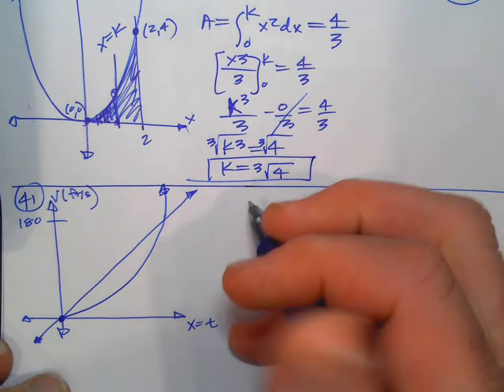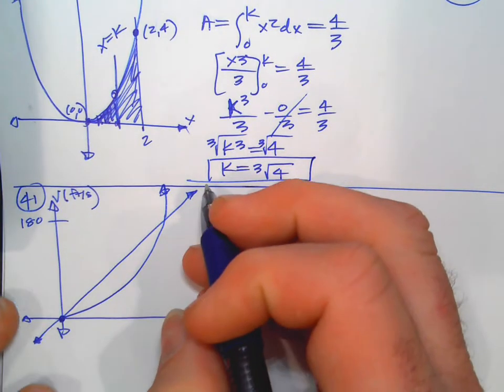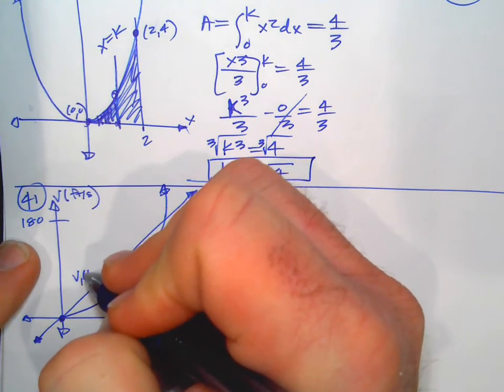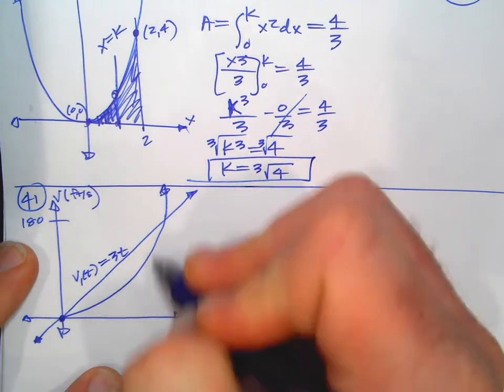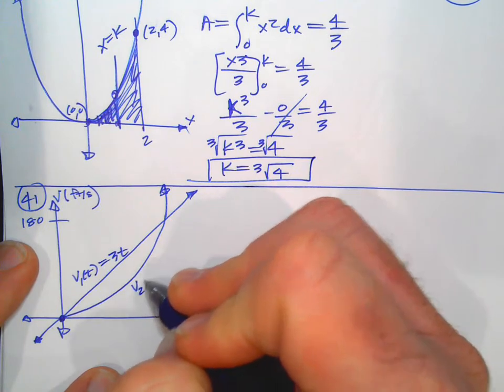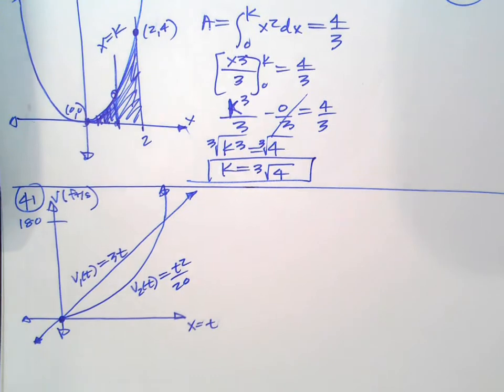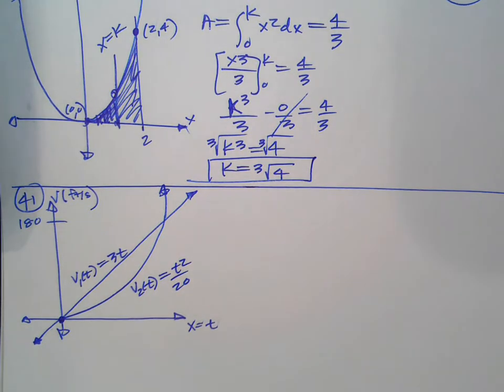That's fine. As a velocity curve, this is fine. Okay, so one of them is 3t, and one of them is t squared over 20. All right. Says, how far apart are the cars after 60 seconds?